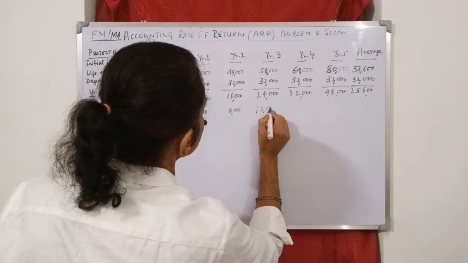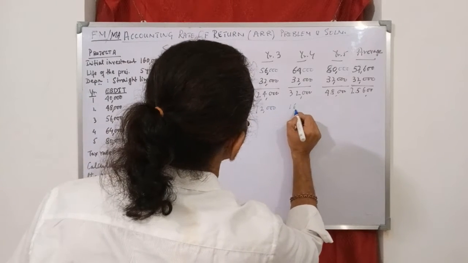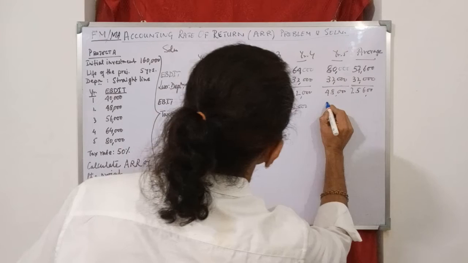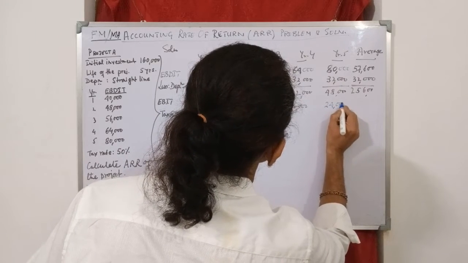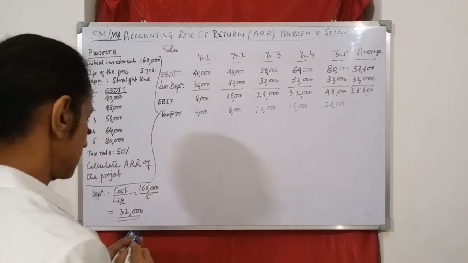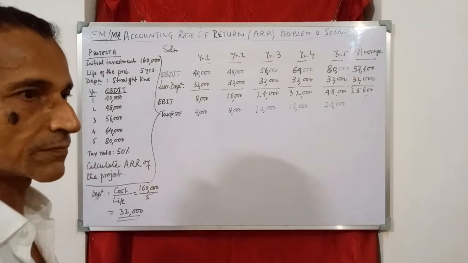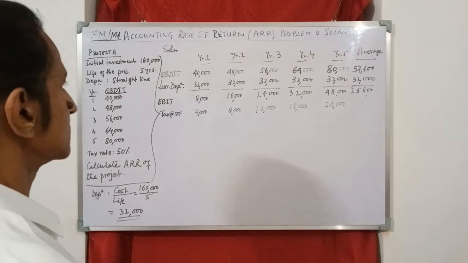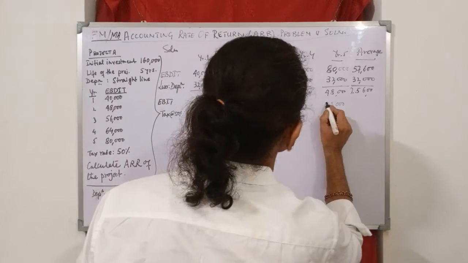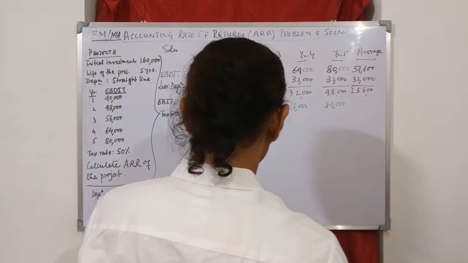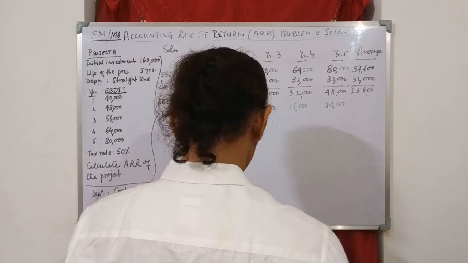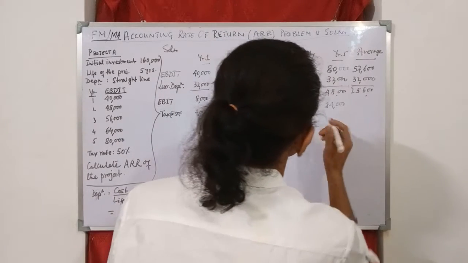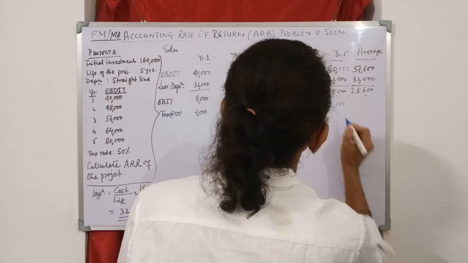Here 12,000. Here 16,000. And here 24,000. Right?